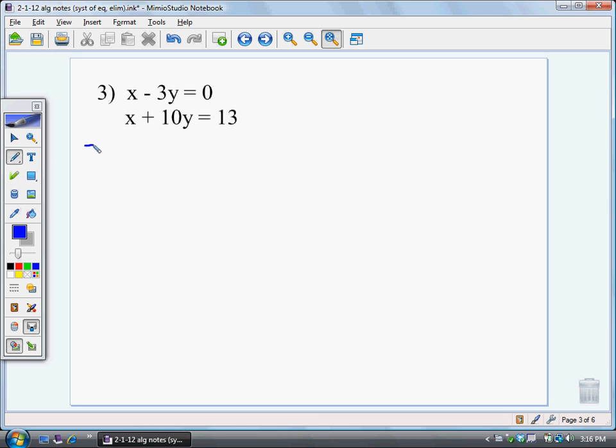In this problem, it would make sense to multiply one of the equations by -1.